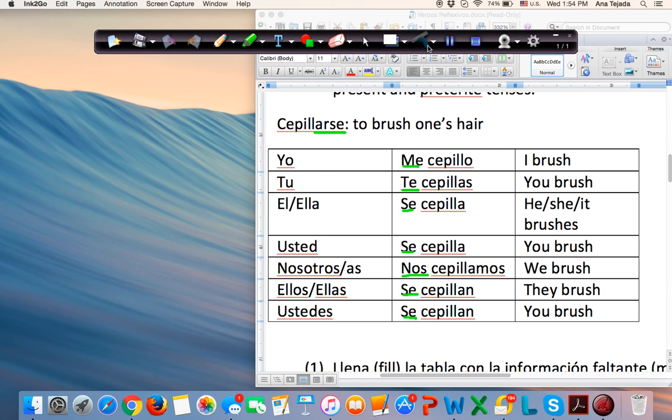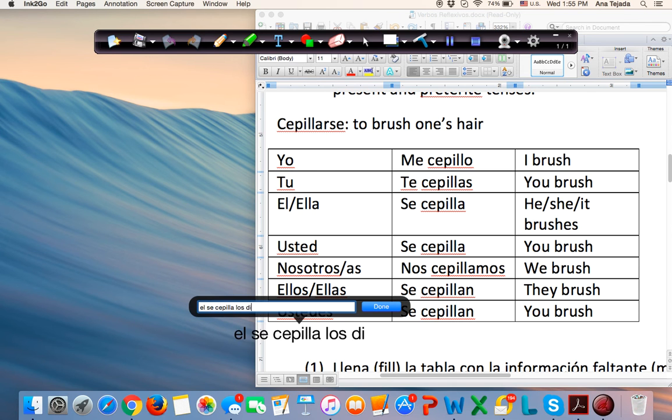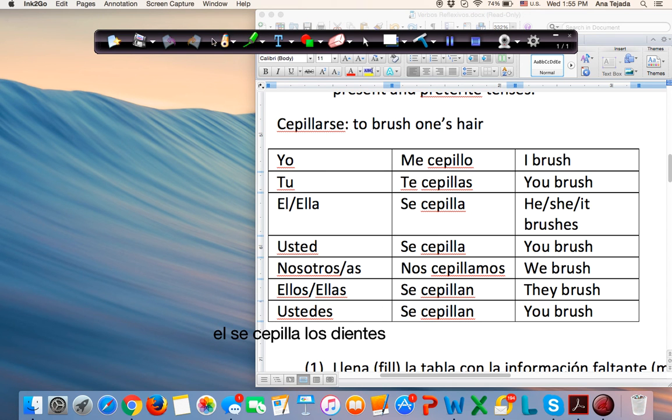So if we want to put it in a sentence, what will we do? This is what we will do. Let's use él. Él se cepilla. We can brush our teeth, right? Él se cepilla los dientes. So let's look at this.